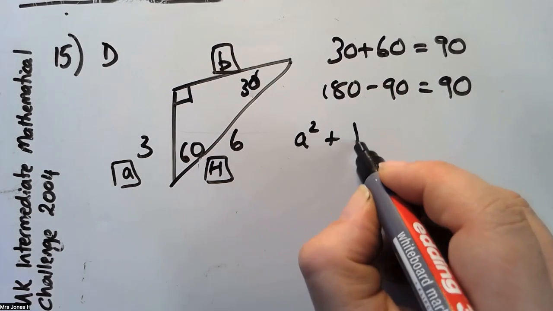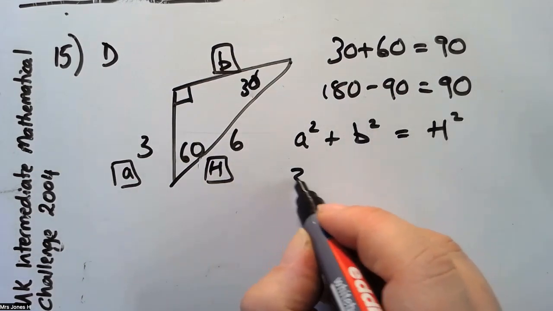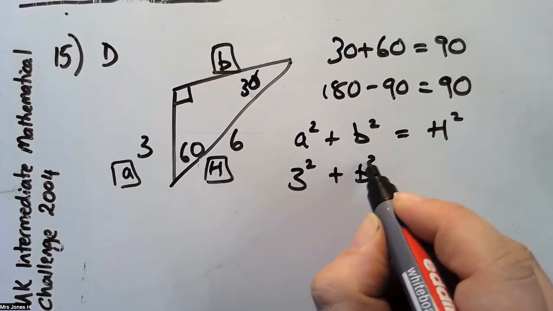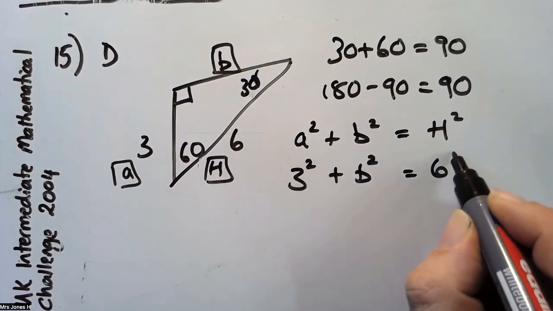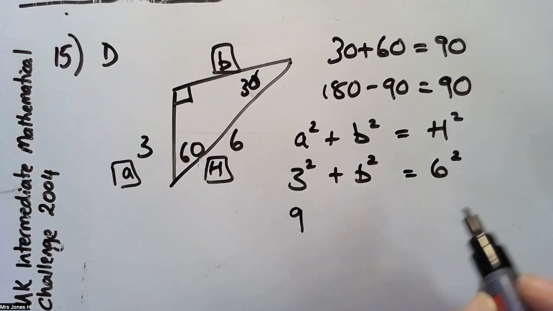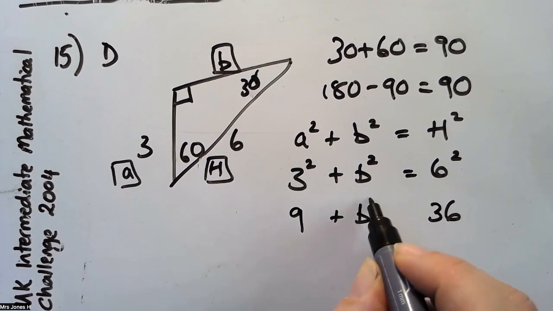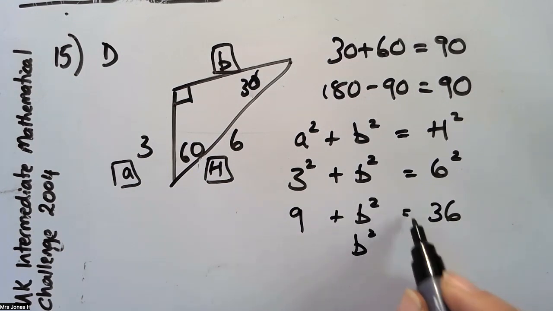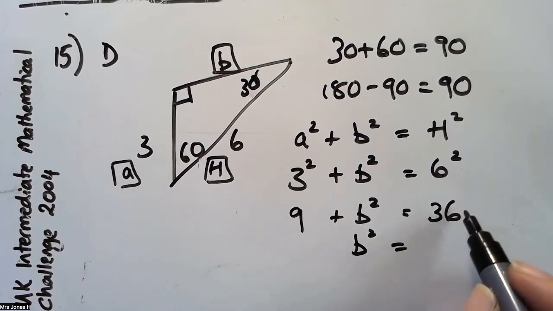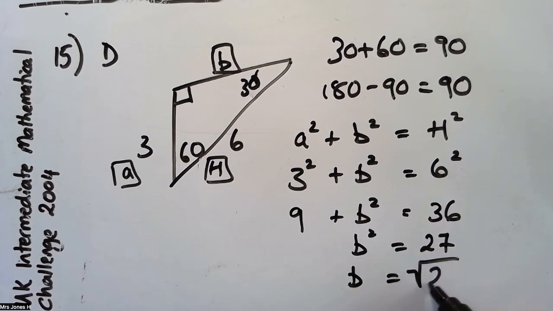A squared, A is 3, B we don't know. 3 squared is 9, 36 here. 36 subtract 9 is 27, and therefore B equals the square root of 27.